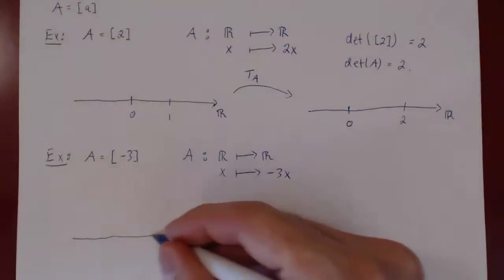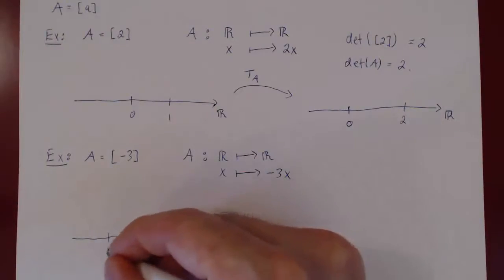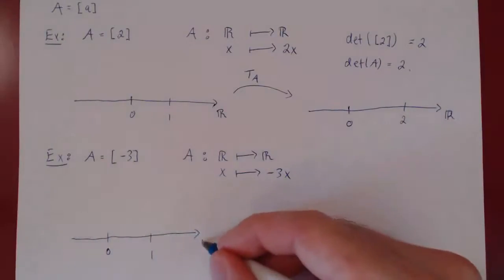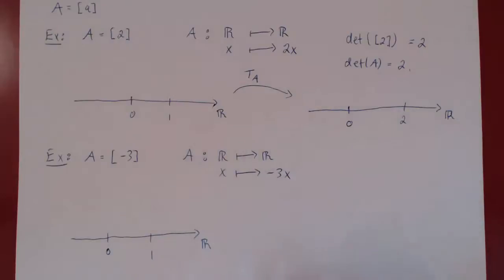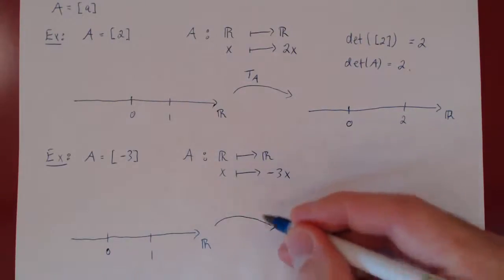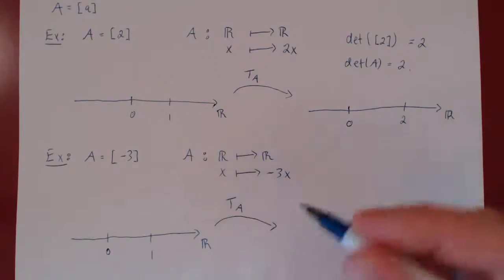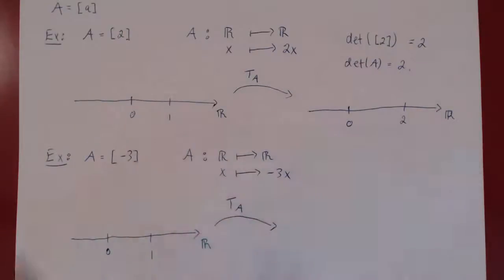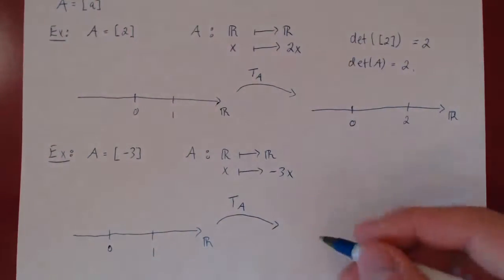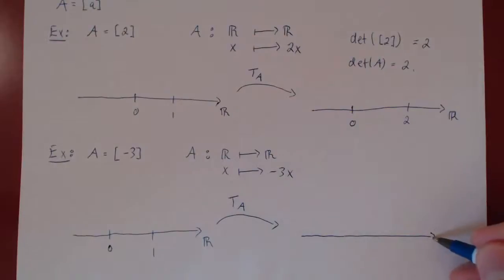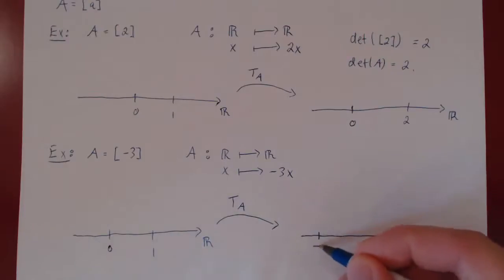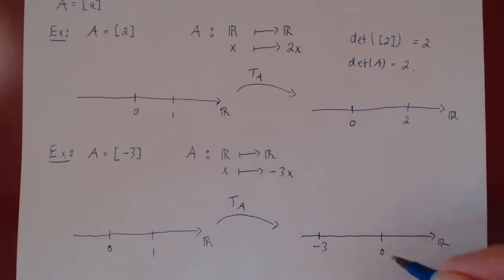So take the real line, consider the interval from 0 to 1, and multiply everything by A. Again, it is a 1 by 1 matrix. You can think of it as a real number. So multiply the real line by negative 3. Well, what happens to the interval 0, 1? It will become the interval negative 3, 0.